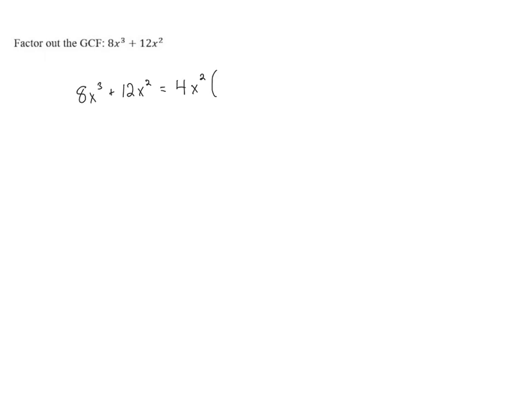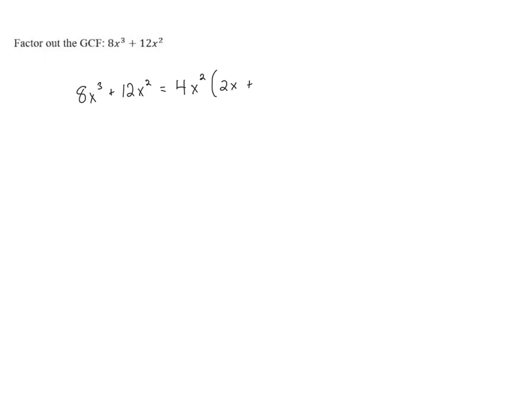Now, once we factor that out, we have to have the leftovers inside the parentheses. So if we take 8x cubed and take out a 4x squared, well, 8 divided by 4 is 2, and x cubed divided by x squared is x. So the leftovers that we have are going to be 2x.